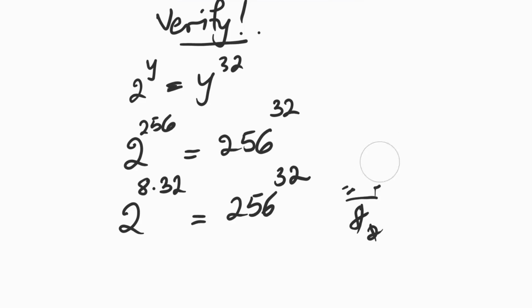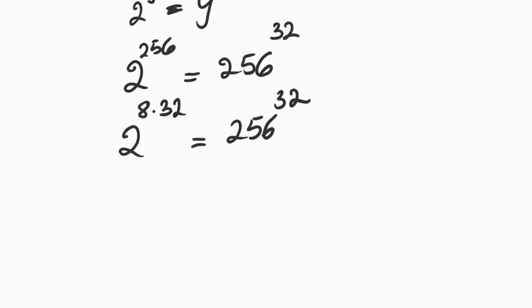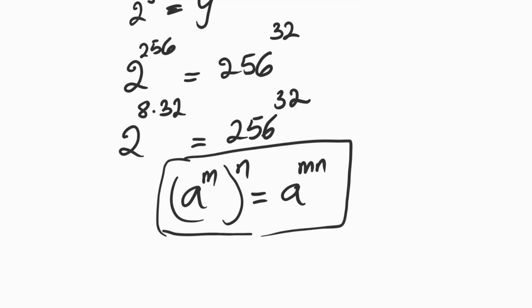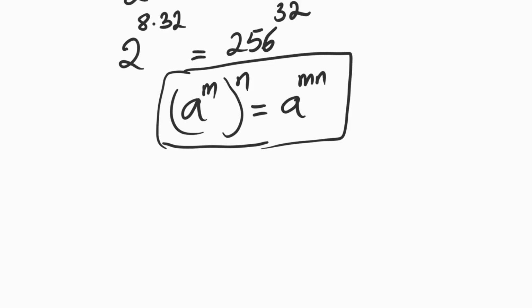Now we know that a raised to the power m, raised to the power n, is the same thing as a raised to the power mn. So let's rewrite this in this form. This is the same thing as 2 raised to the power 8 raised to the power 32.